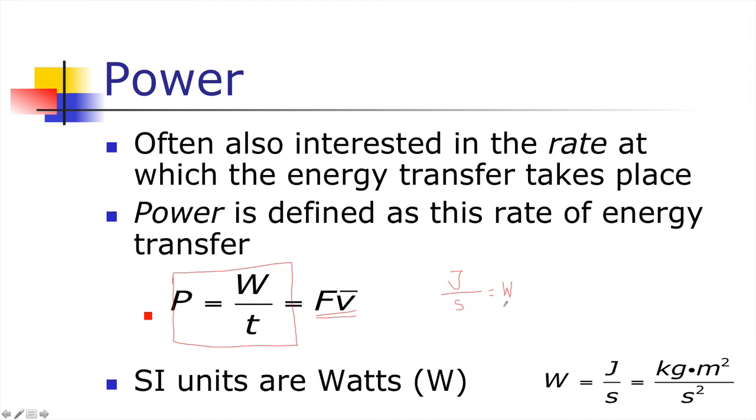Joules over second is watt. So 1 watt is equivalent to 1 joule per second.